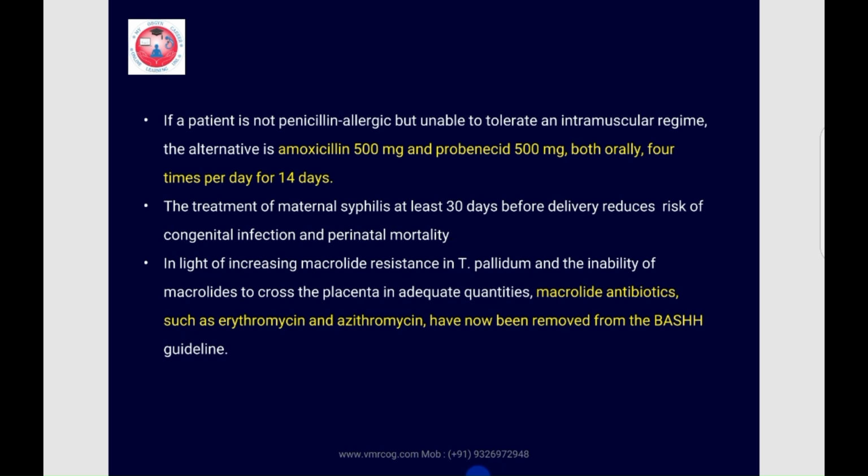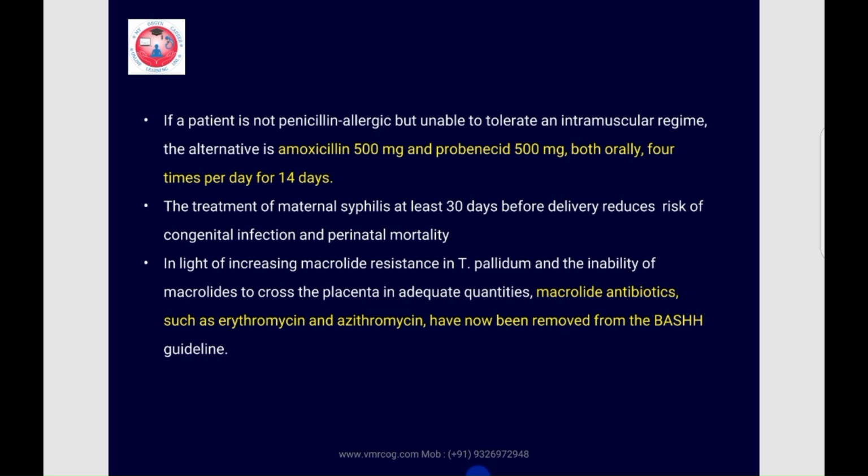Remember, when we give oral treatment in early disease, we have to treat for 14 days. When we use benzathine penicillin, it is a single dose regime. In the third trimester, we will give 2 doses. When we treat orally, then we will treat for 14 days. Okay, not allergic to penicillin, amoxicillin can be used orally in patients who do not want injectables.